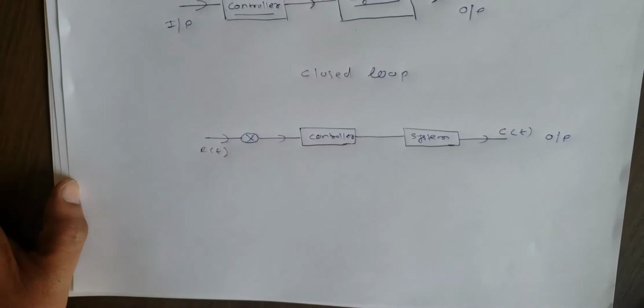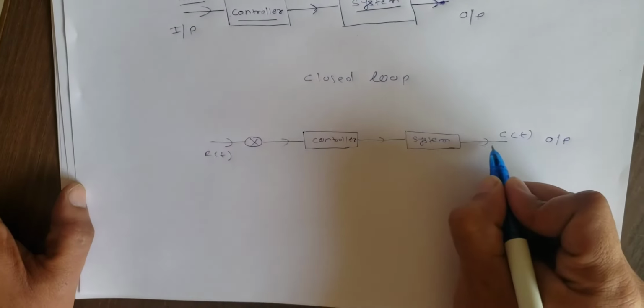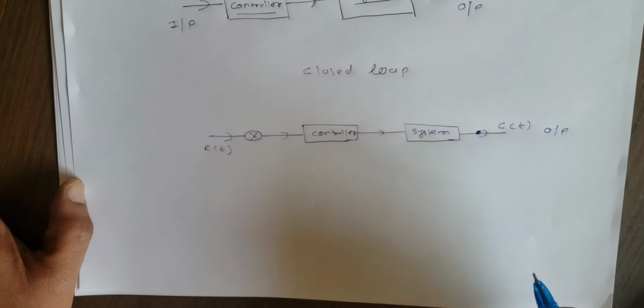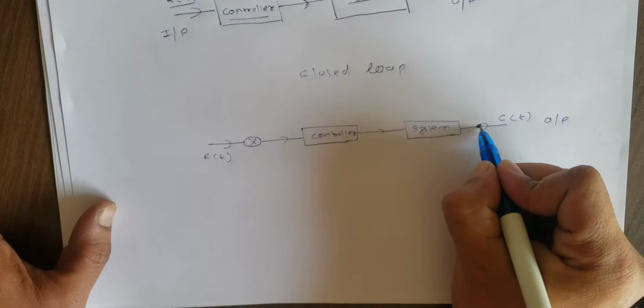Now what is the difference between open loop and closed loop? We are using feedback. Everybody knows that a closed loop system is a feedback system.